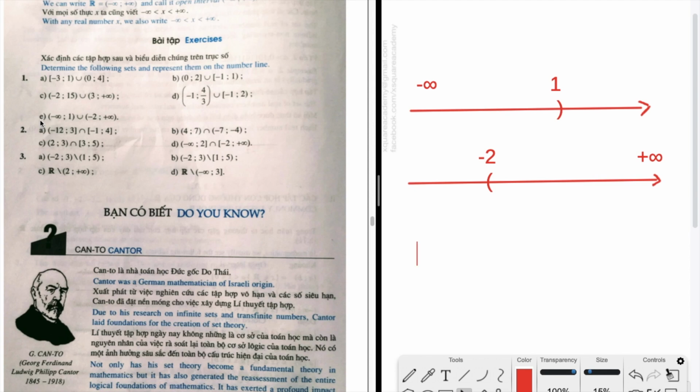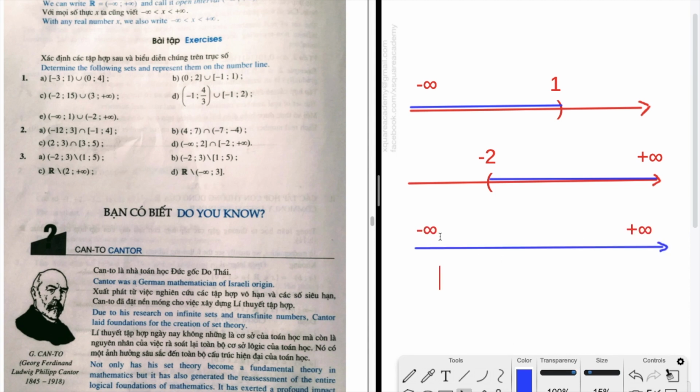E: the open interval from negative infinity to 1 union the open interval from -2 to positive infinity, and the result is an open interval from negative infinity to positive infinity, or R.